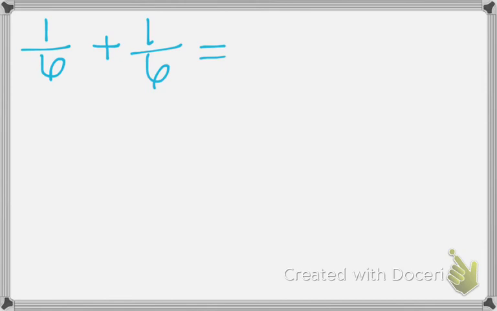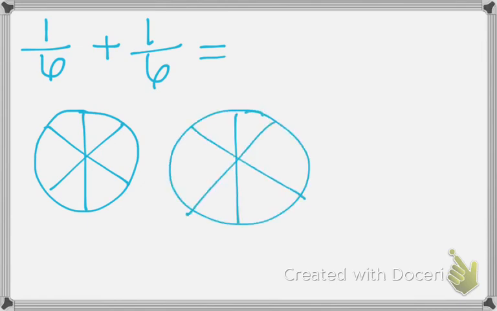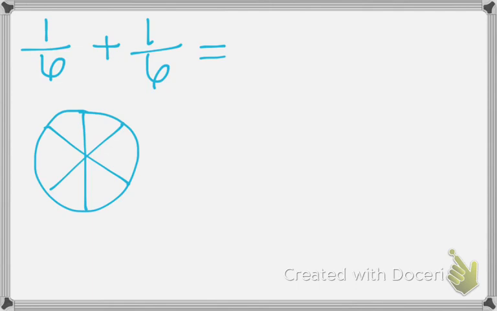Now, when you add those, we can draw this out. Let's draw 1/6. So we have this pie. Nope, we're just going to use 1 pie. Sorry. So 1/6. We're going to do this first one in red. So this is 1/6 right there. Pretend those pieces are equal. Now we're going to do our other one in pink.